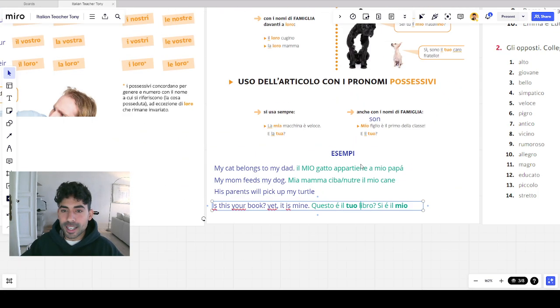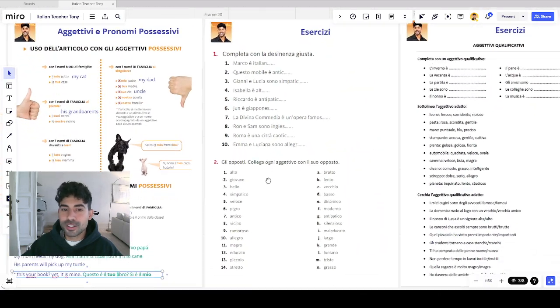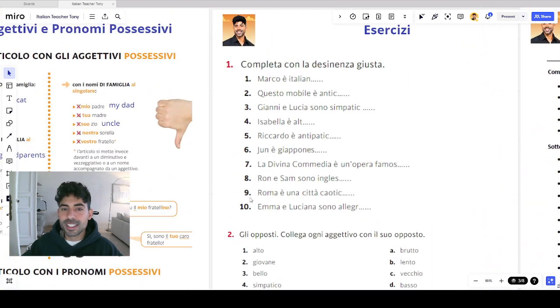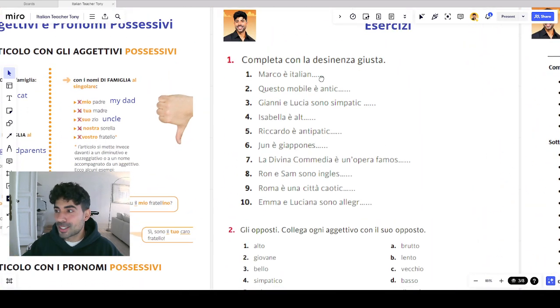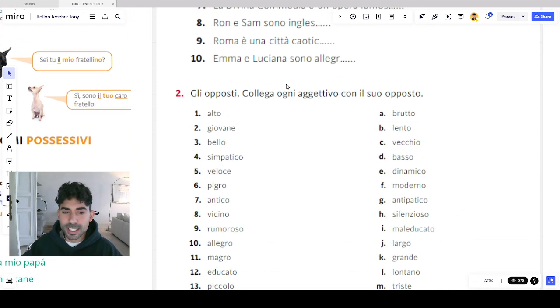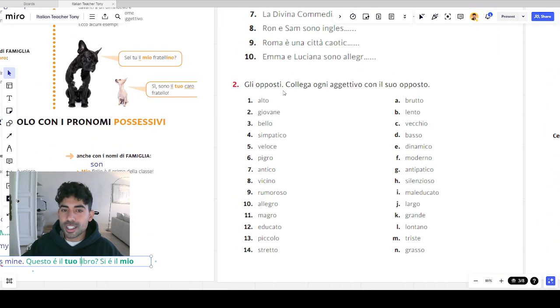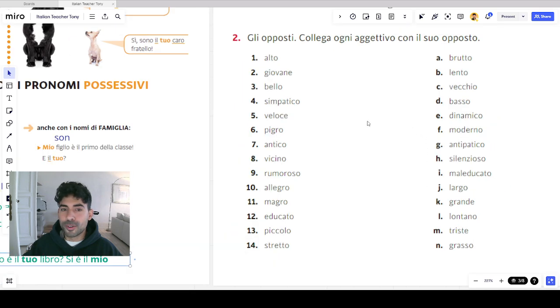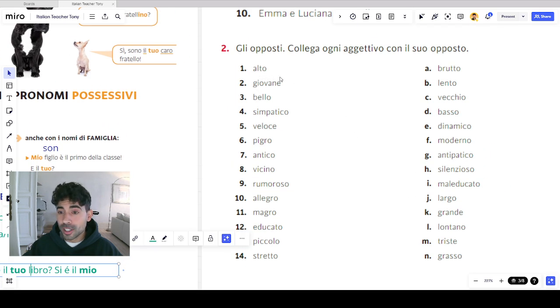As always, at the end of each class, I leave you a few exercises that you can do on your own. In this one you have to add the ending, so conjugating the adjective in Italian following the subject. Here you have to link each adjective with its opposite. For example, alto, tall, will be linked with basso.